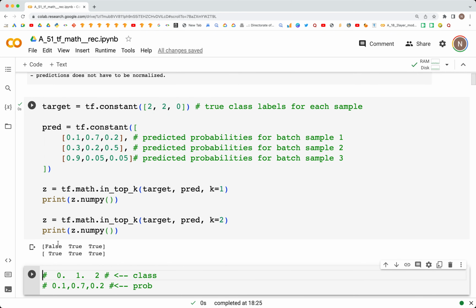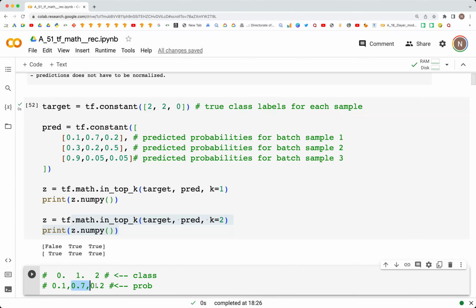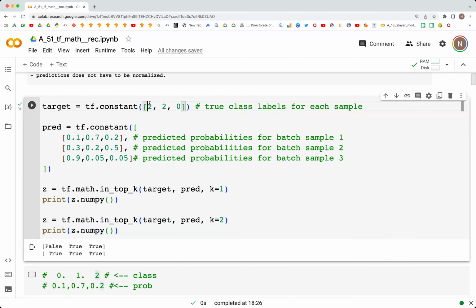So this one we would get a true here, because even though 0.2 is not the highest predicted probability, it is among the top two highest predicted probabilities, and so in the output we are comparing that the predicted class 2 is equal to the actual class 2.